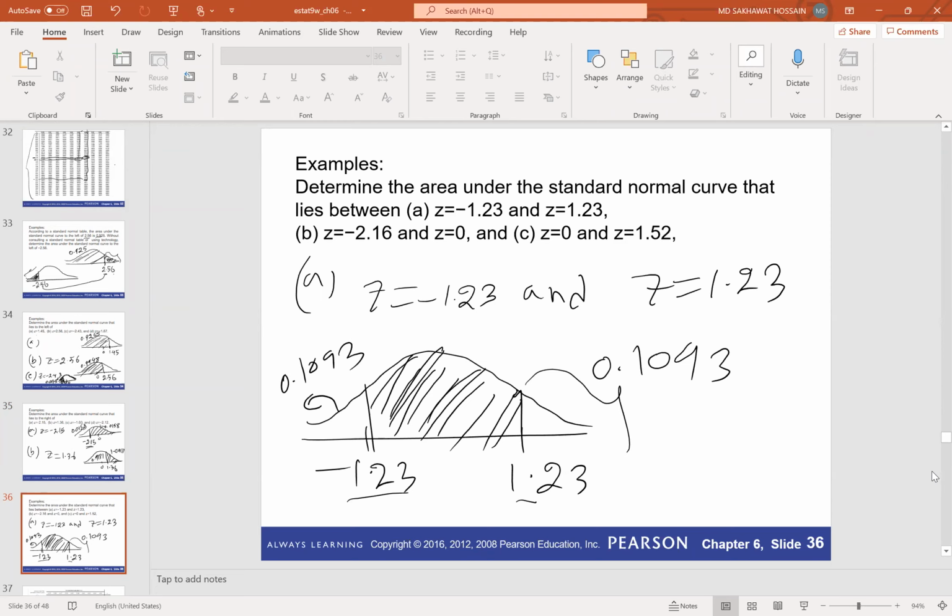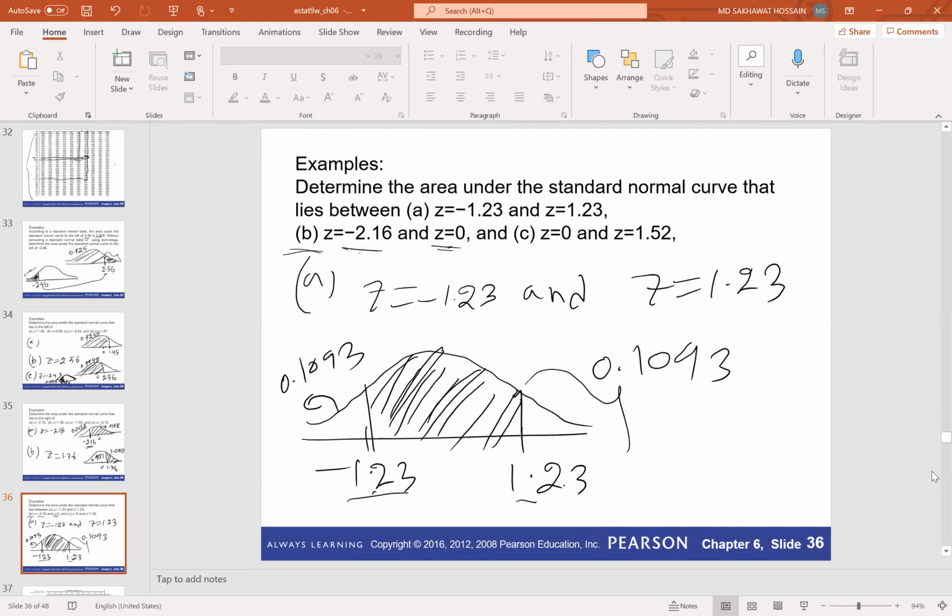So for the area between, there are two ways. Since we have the same number, we do not need to look at the table again. But if you have two different numbers, then you have to look at the table for both. For example, for part B, we do not have the same numbers. The first one is negative 2.16 and the second one is z equals 0.